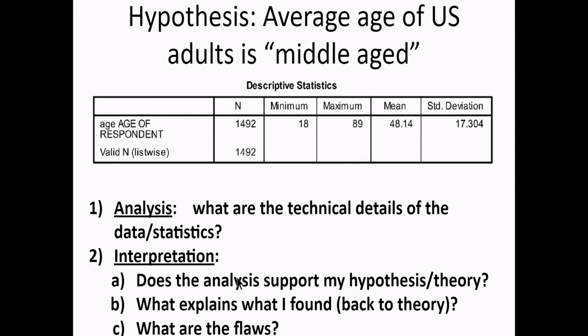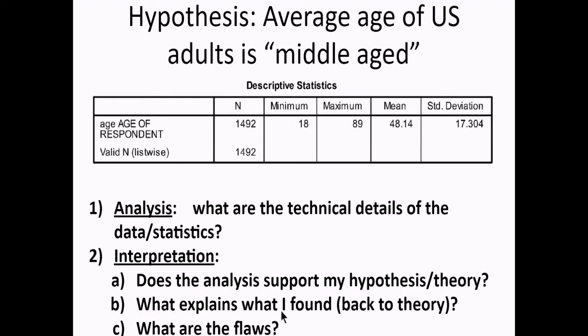Not just analysis. We actually need to interpret. And this is where we take a step back, look at our numbers, and then inform the reader in writing about whether or not our finding supports our hypothesis and, by extension, our theory. And then maybe reformulating the theory if we need to, or just recapitulating and summarizing it again.